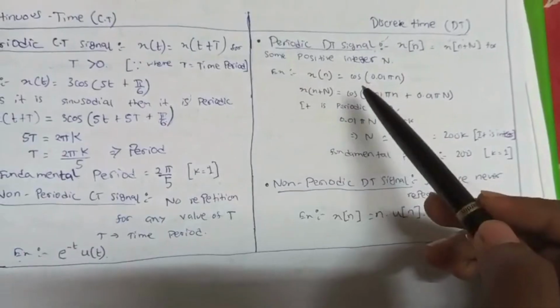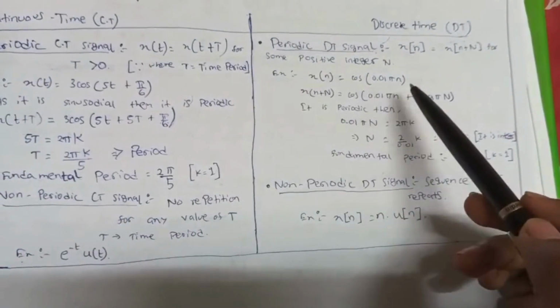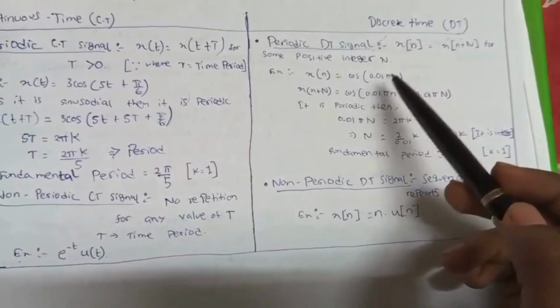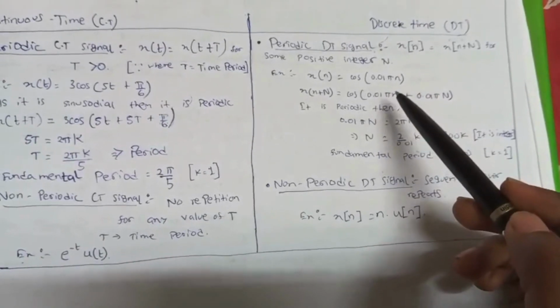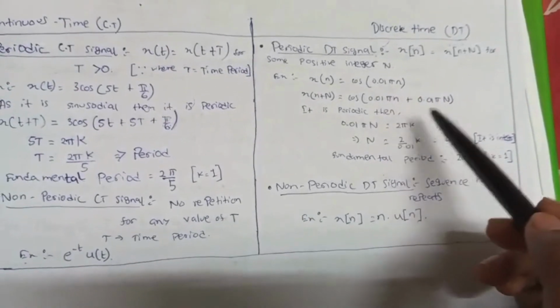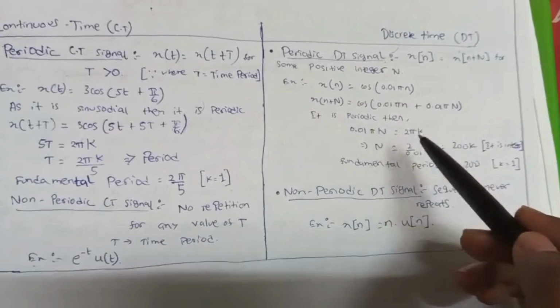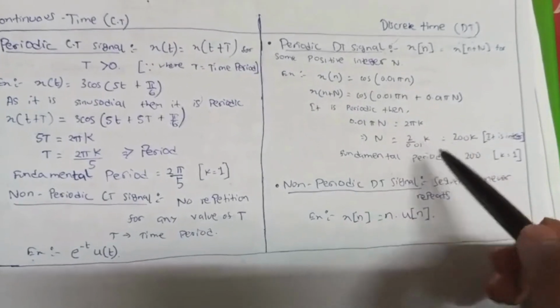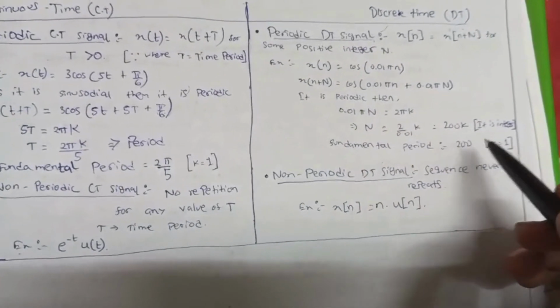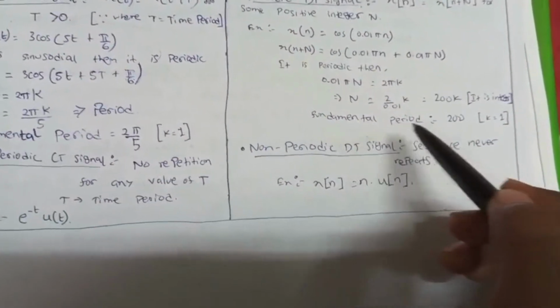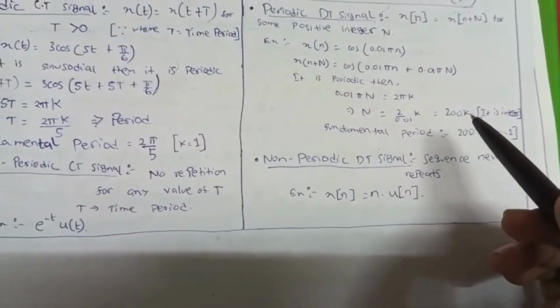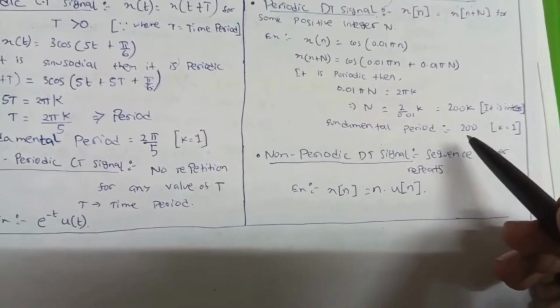So x of n equals cos of 0.01 pi n, where 0.01 pi n can be segregated by capital N plus small n plus capital N. Then we need to find the value of capital N while equal to 2 pi k, which comes to 200k. Now for calculating the fundamental period, we just need to put 1 in place of k, that is 200.